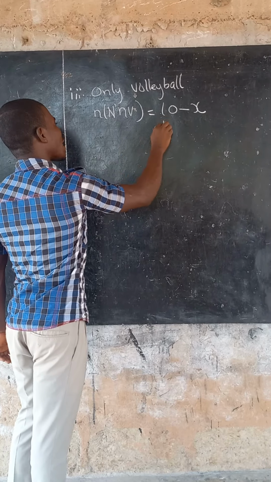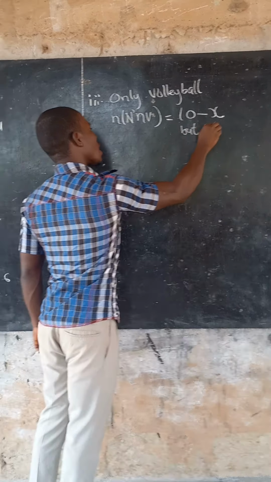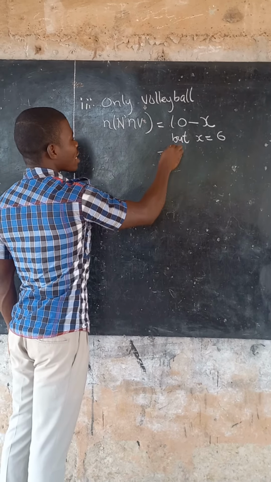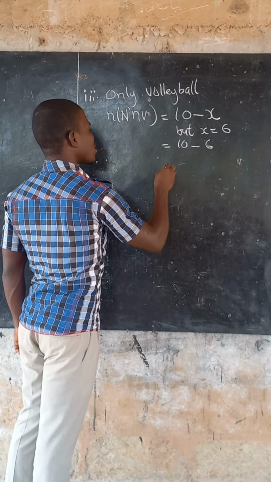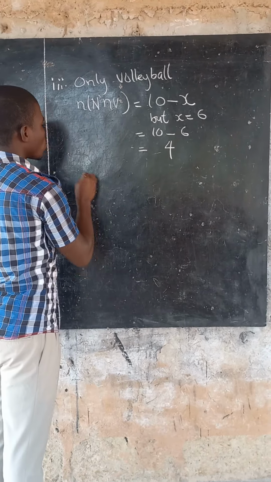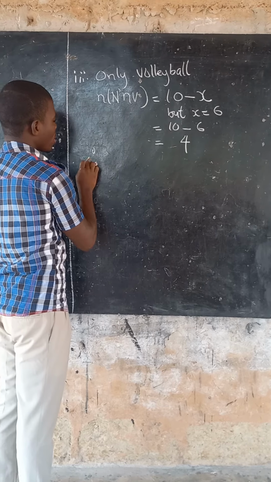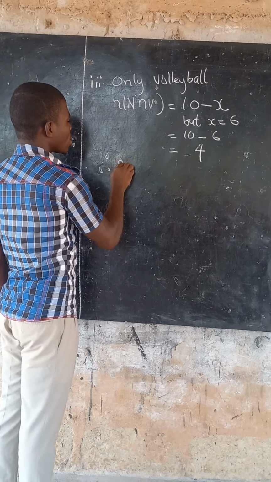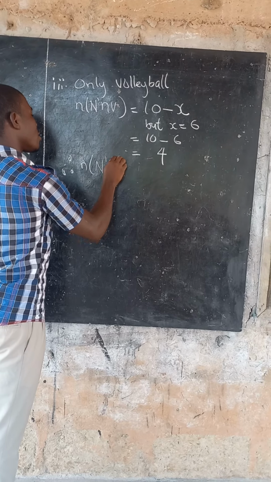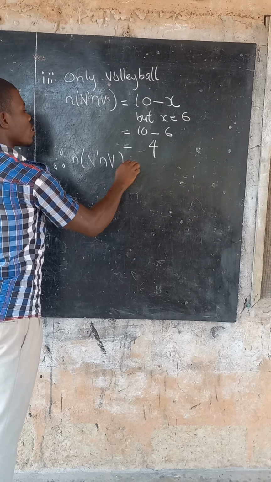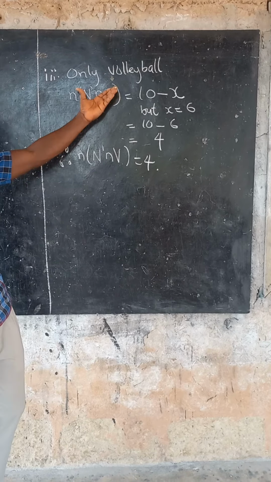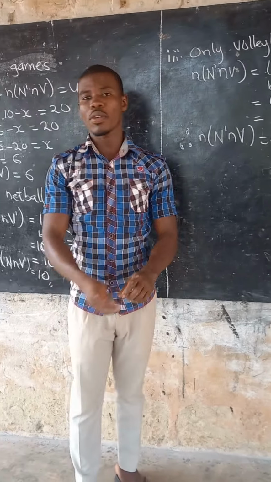But x is equal to 6. So this is 10 minus 6, which is giving us 4. So the number of N complement intersection V is equal to 4. So this is the problem you were asked to solve.